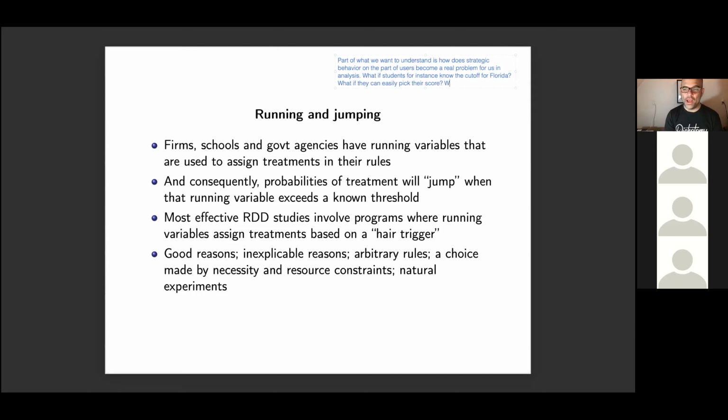What are the implications of users being able to select where they are along a running variable, either by changing their scores or applying for it in the first place? This is built into the assumptions and the testing we will discuss. Okay, this is built into it. So that's a great question. We're going to get into that.